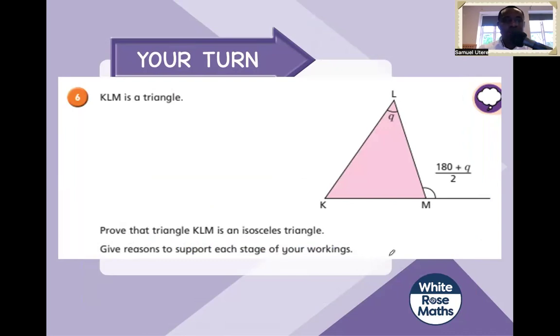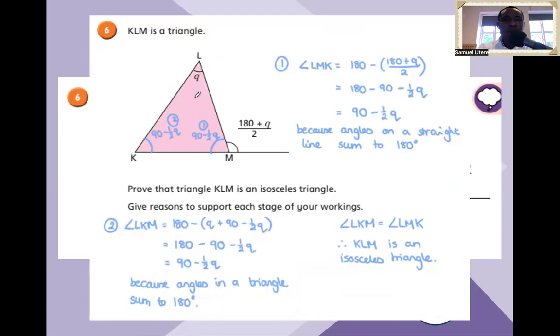Let's discuss them. Here you were told that KLM is this triangle here, and you were asked to prove that triangle KLM is an isosceles triangle, and to give reasons to support each stage of your working. So if we look at angle LMK, we know that it's going to be 180 degrees minus this here. Why? The sum of adjacent angles on a straight line is 180 degrees.